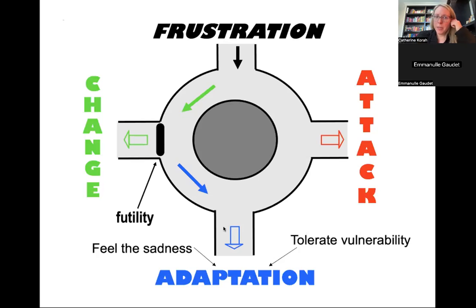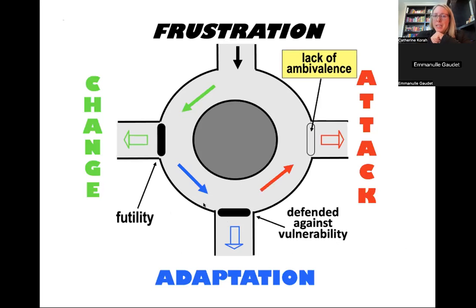Sometimes they will bypass the outlet of adaptation and move directly to attack. I really want to make it clear that adaptation is not necessarily the best and only outlet where we want to bring our children.